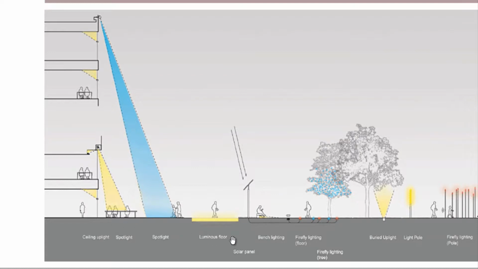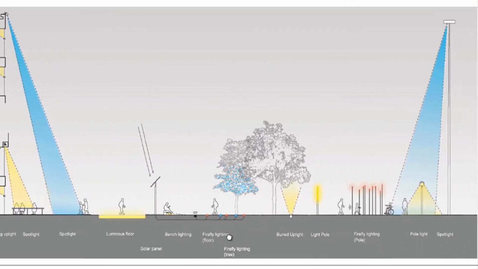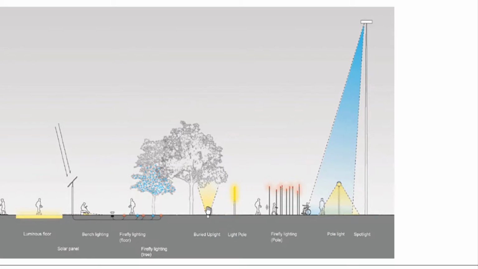Those are called spotlights, and these are lights to highlight the branches of the trees or sometimes the foliage. So, it gives a very dramatized effect during the night, and these are light poles which become like a sculpture in the morning, but it is a light pole in the night, and these are high mast lights, where you can have just one fixture to light a very large area.